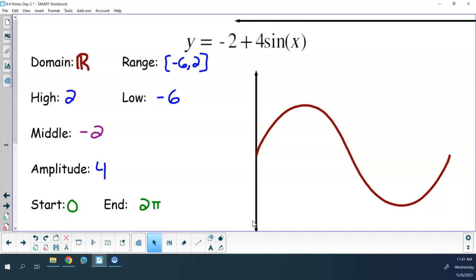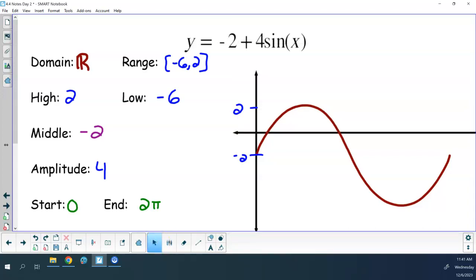My middle is at -2. So this right here, I'll label it, is -2. My high is at +2. So therefore, my 0, my horizontal, would have to go in the middle of that.